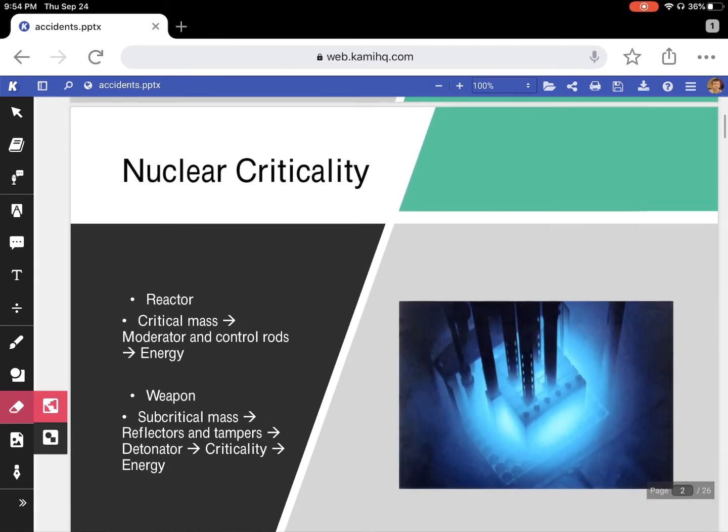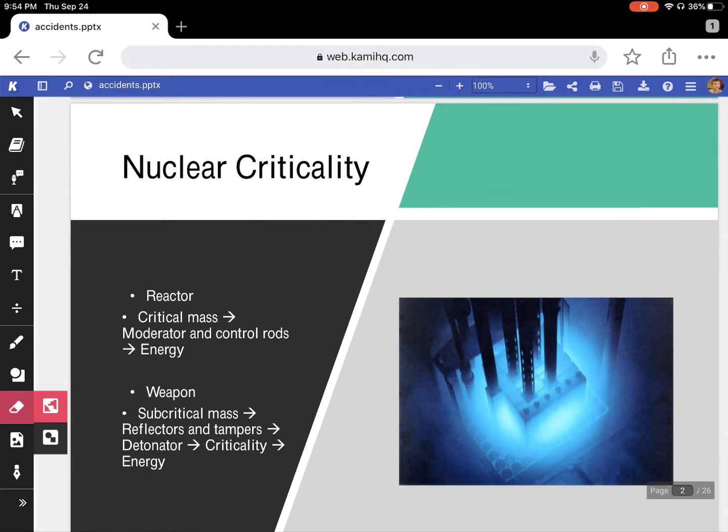Starting back with, first off, learning about nuclear criticality. Nuclear criticality is basically the point at which unstable isotopes get so close together that, hold on, I'm checking my pen here. There we go. If you have one unstable isotope and it breaks apart, it's going to shoot out particles of radiation.